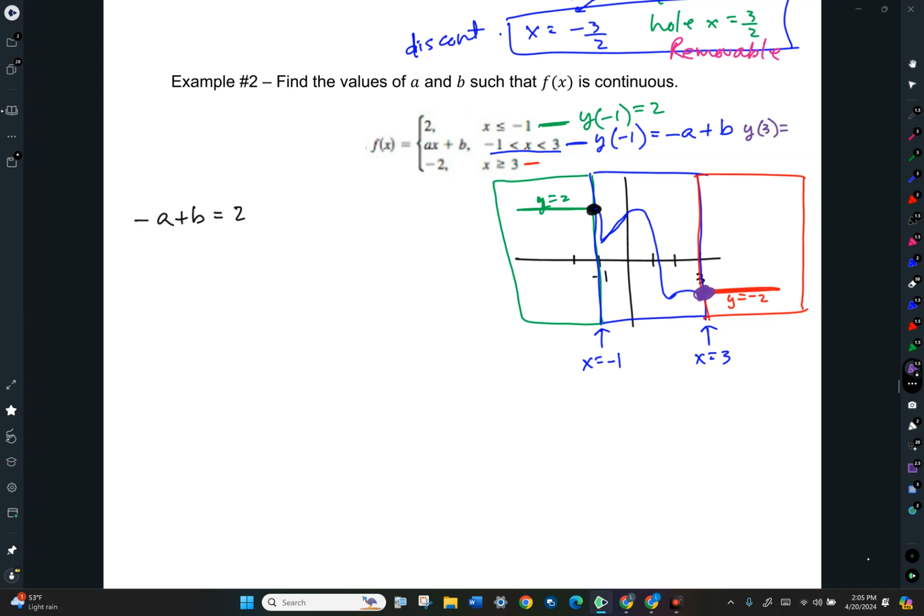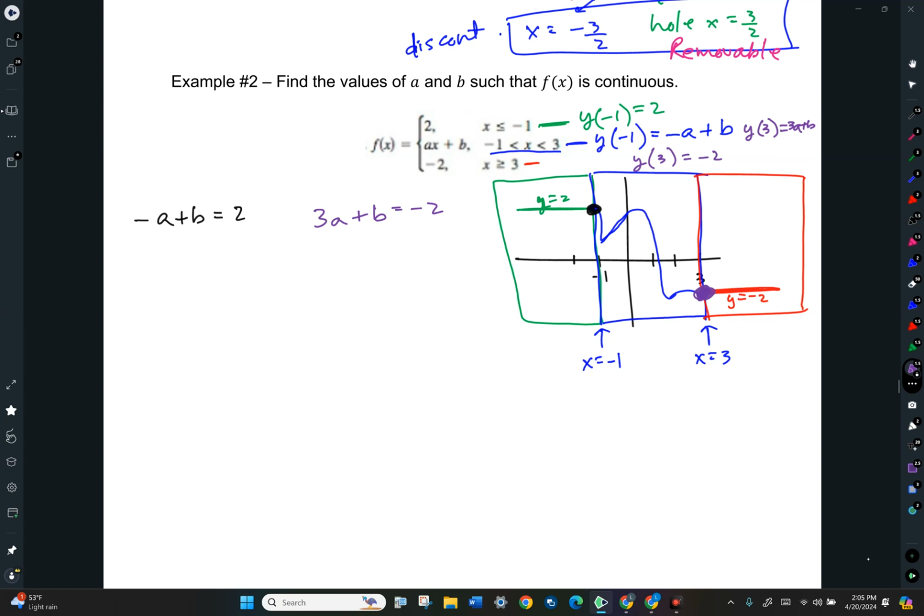Well, plug in a 3 for x, and you're going to get 3a plus b. And what's the y value of the red piece when x equals 3? Again, it's a horizontal line at -2, so the y value is -2. So if 3a plus b equals -2, then the blue and the red piece come together, and overall we're continuous. Well, how am I supposed to know what a and b is?